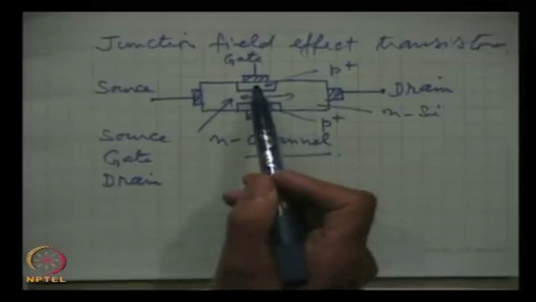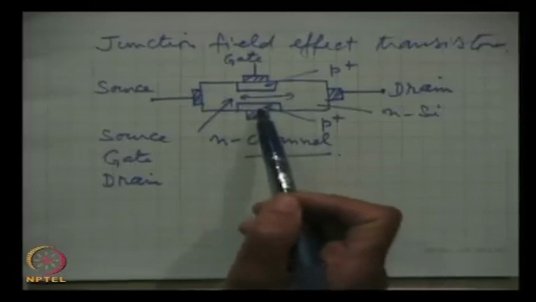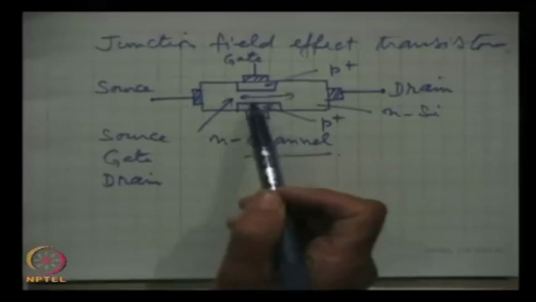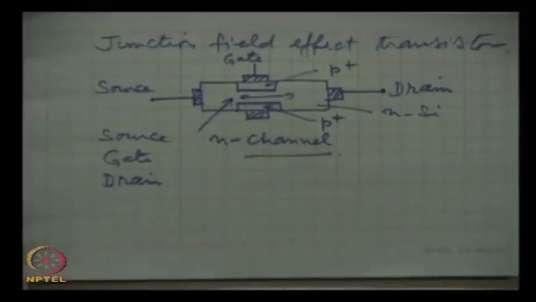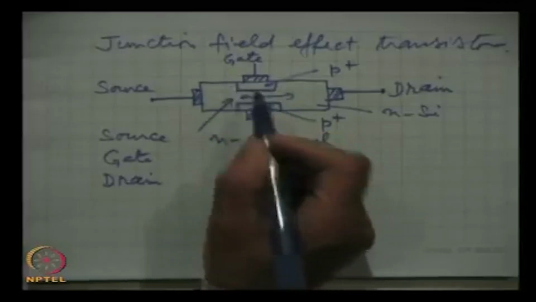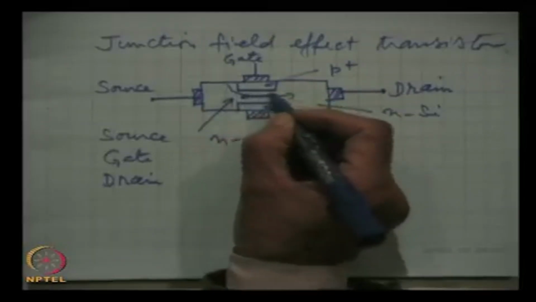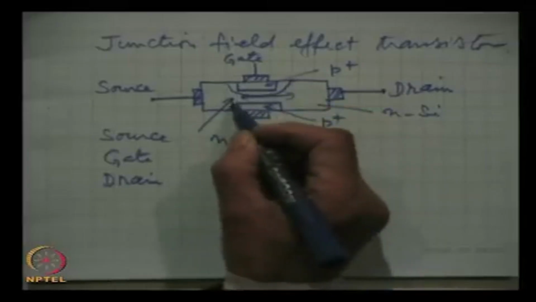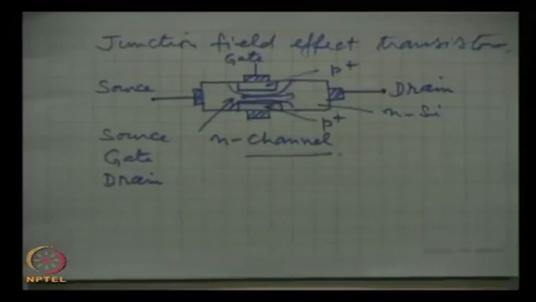I repeat, this is the n type substrate and this is the p type region, heavily doped. So a p-n junction kind of thing will occur of course, but more important than that, a depletion region will be formed here, and here also there will be a depletion region.